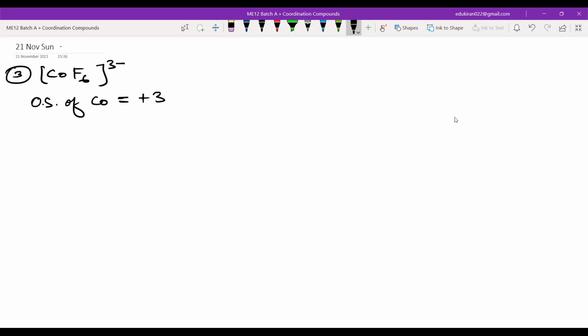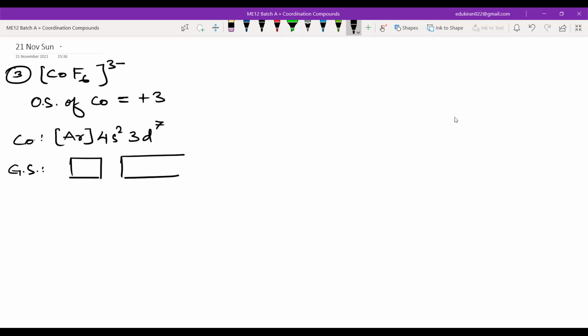Now, after that, what do we have to do? We have to write the cobalt electronic configuration. So cobalt is argon 4s2 3d7, right? After iron. So the ground state will be, let me write the 4s after the 3d because I should write it in the order of the shells.